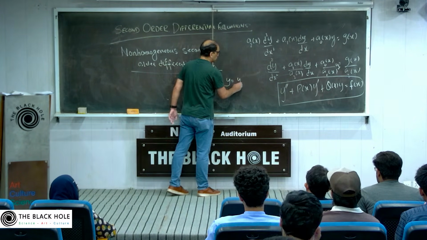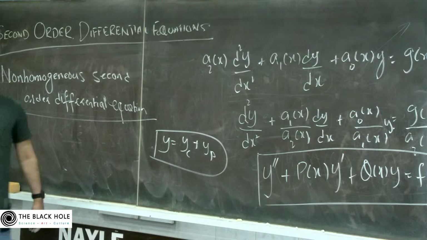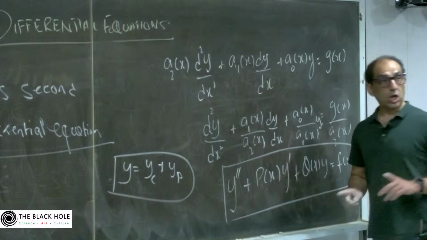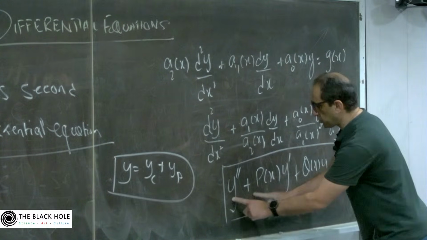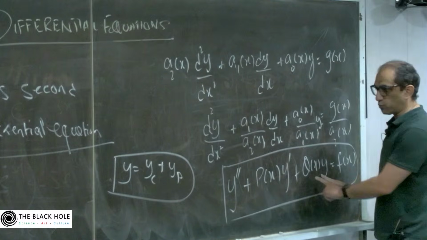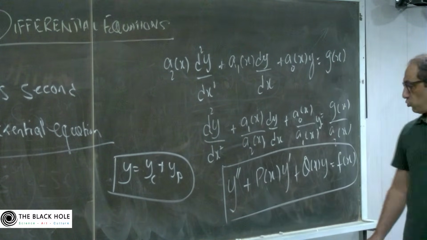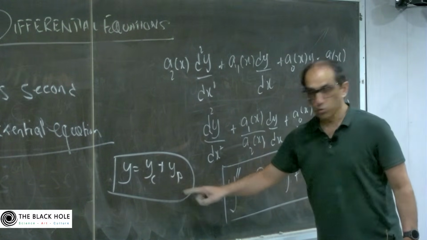In this particular case, y is equal to yc plus yp. The solution of the homogeneous part, which will be y double dash plus p x y dash plus q x y is equal to 0, will be the complementary part. And the solution that corresponds to this non-homogeneous part will be the particular solution.